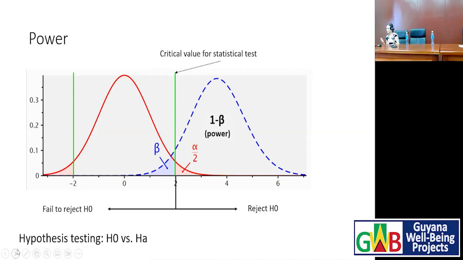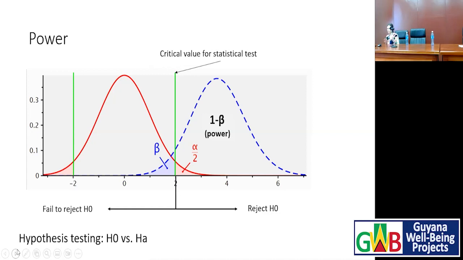Here's just another way of looking at it graphically. We have two distributions here, the red and the blue. Those represent, say, two population groups that we're comparing, and the parameter could be a mean value for the red population and the blue population that we're testing.